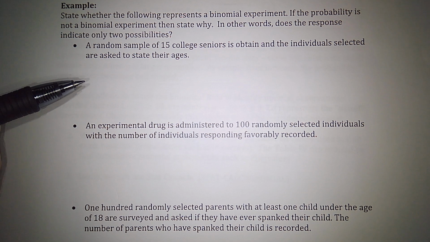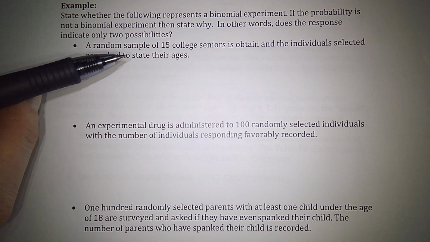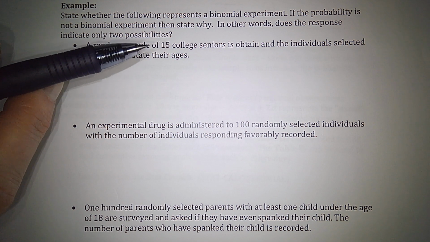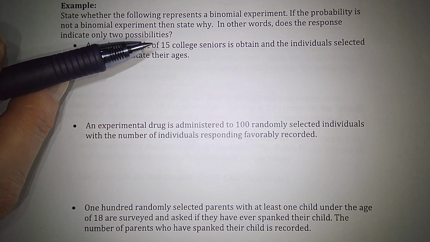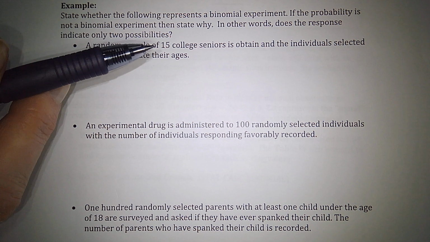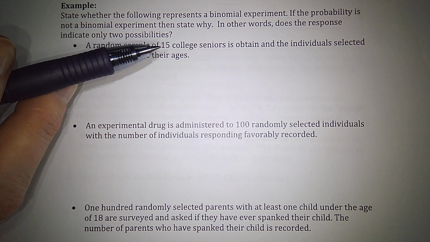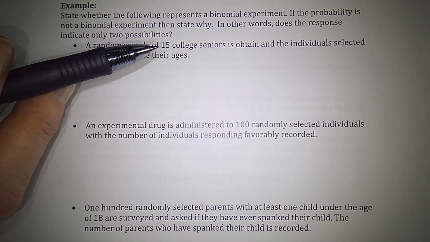How many outcomes are there? Well, you're going to go up to the first college senior and you're going to ask him or her, what is your age? And if the response is only two possible outcomes, then this is a binomial experiment. However, when you ask this college senior what their age is, they could respond with 21, 22, 23, 24, whatever their age might be.